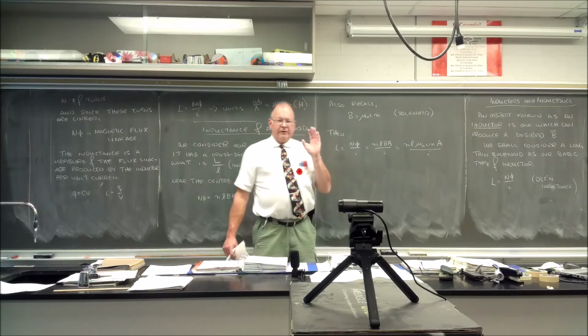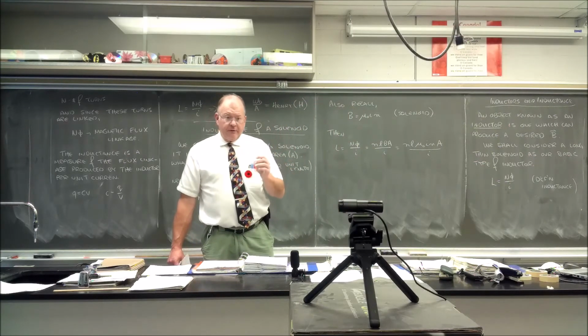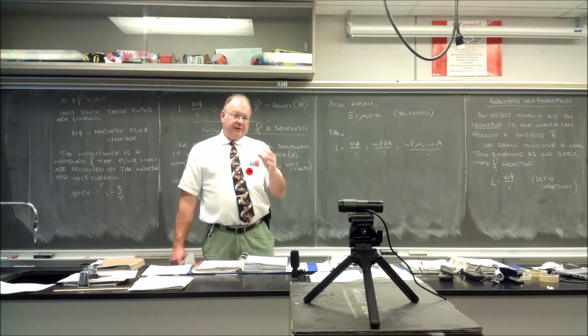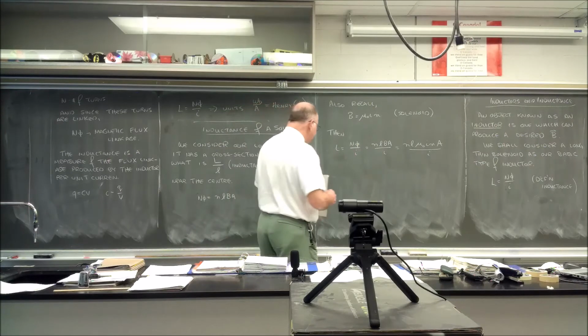And the inductance of a solenoid or whatever should not depend on a particular current, right? It should depend on the device's properties, its area, and so forth. So this is a good thing.